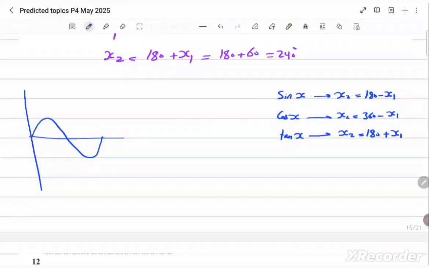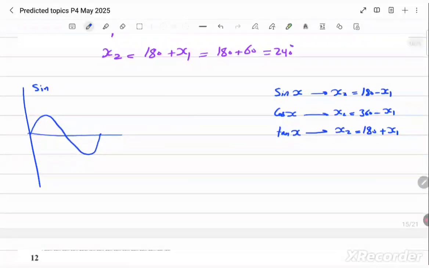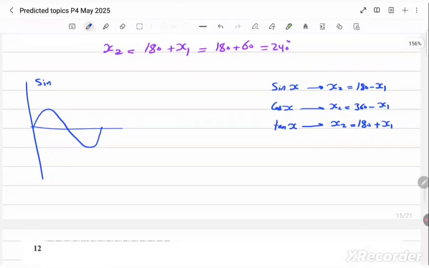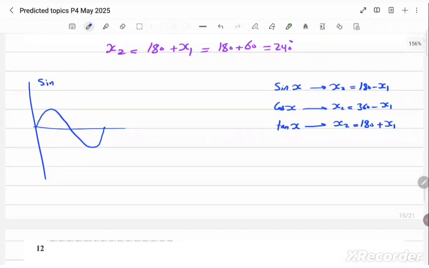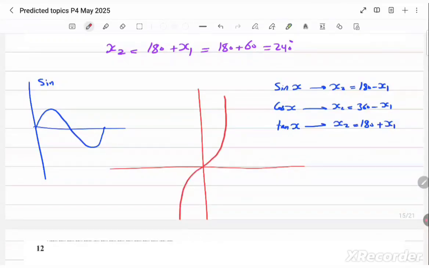Okay, this is sine. And if you want to know cosine, it was there. How to draw tangent? Tangent should be something like this, and again repeated every 180 and so on.